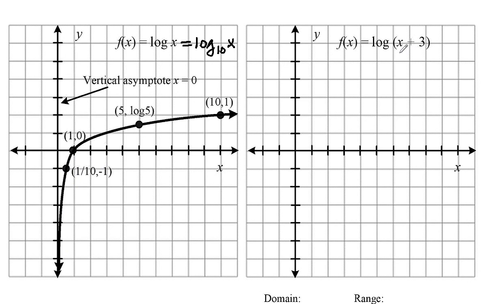So we now want to do log of x plus 3. Okay, so that's going to shift things to the left 3 units. So we're going to take this point 10, 1, we're going to shift it 1, 2, 3 to the left. It's going to be 7, 1. Oh, and I've got these labeled.